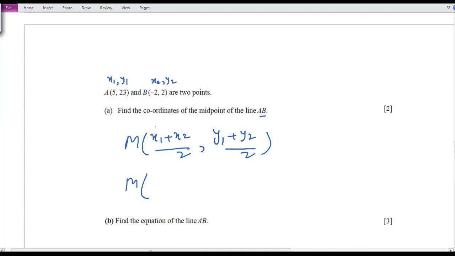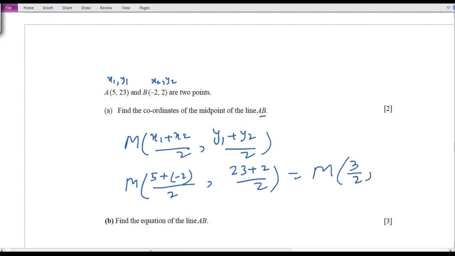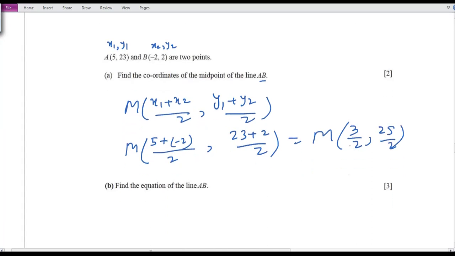So M will become, what is x1? X1 is 5 plus x2 is minus 2, over 2. Now y1 is 23 plus y2 is 2, over 2. So 5 minus 2 is 3, so it's 3 over 2. And this one is 25 over 2. If you want to change into a fraction or decimal, change it, otherwise no need.